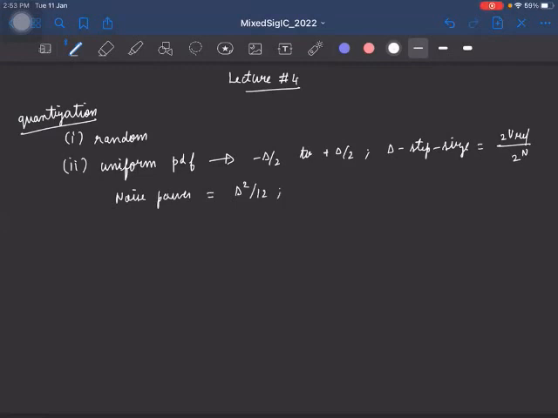And from this we also saw that for a sinusoidal input, the maximum signal to quantization noise ratio, that is SQNR, is roughly 6n plus 1.76 dB. So in other words, if you know the SQNR, we can compute the number of bits to be (SQNR minus 1.76) by 6 bits.